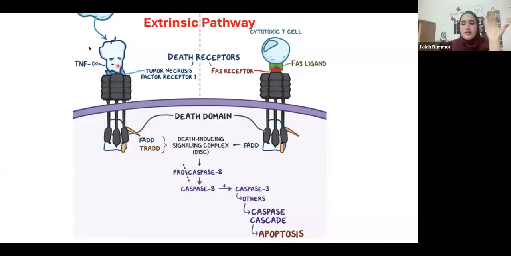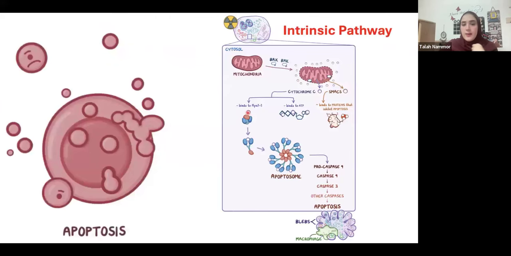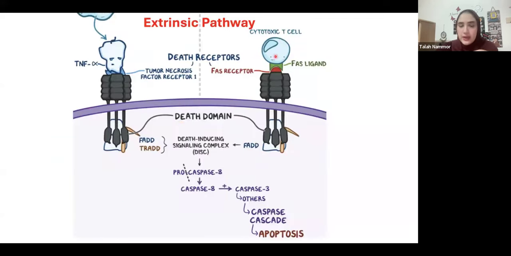It will do that either by the intrinsic pathway, by releasing enzymes, granzymes and perforins, that are going to activate the intrinsic pathway. The enzymes are going to attack the mitochondria. They're going to activate cytochrome C, and then the whole caspases and the apoptosis happens. Or it has the extrinsic pathway.